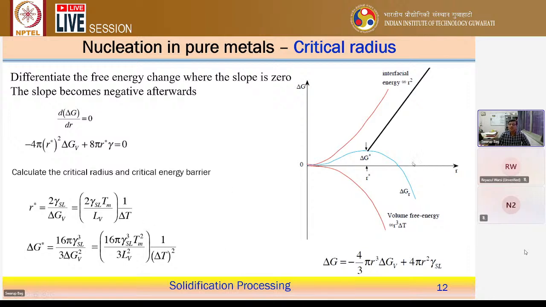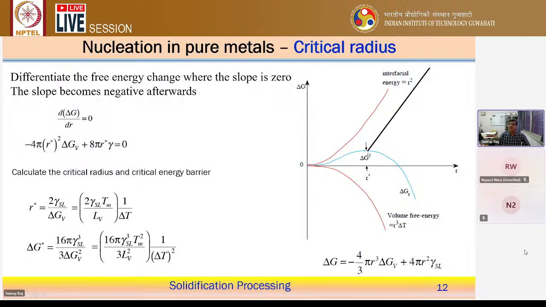If we represent these graphically, the volume free energy decreases proportional to r³ ΔT, and the interfacial energy increases proportional to r². Combining these two, the curve gradually increases, reaches an optimum point, and then decreases.